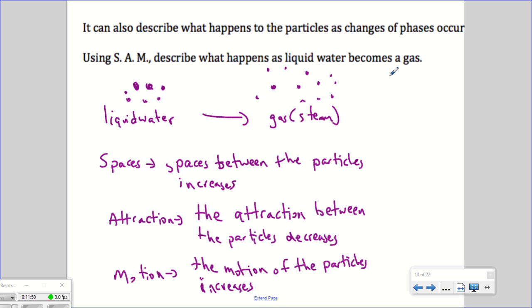And we can include the first part, that all matter is made up of particles. We could include that in our statement. And even the I part, that liquid water or water is made up of identical particles, or all the particles in water are identical.